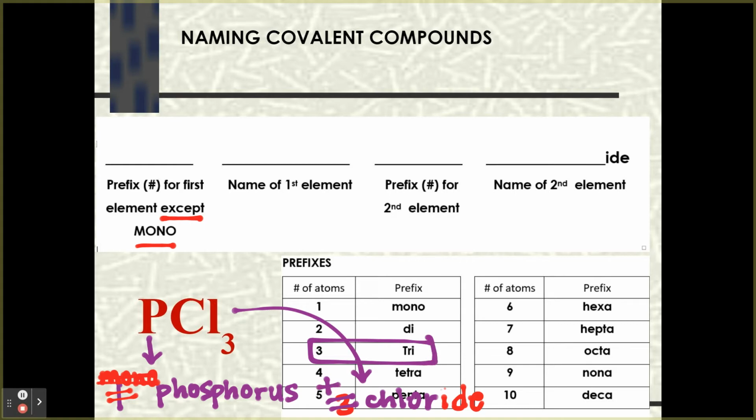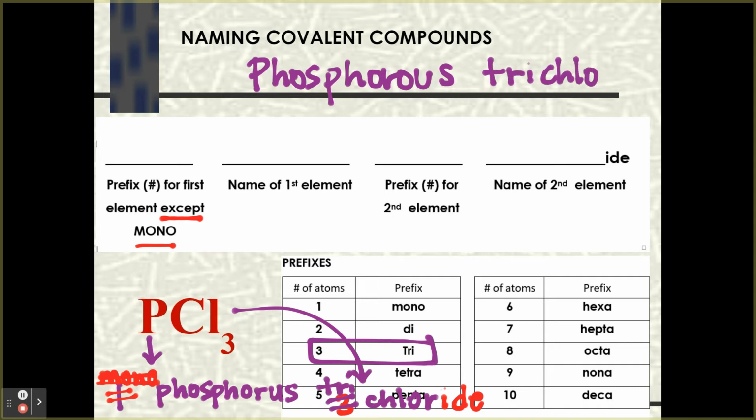So it's tri. See it? So the correct name for this thing is phosphorus, space, trichloride. See it? All right. Cool.